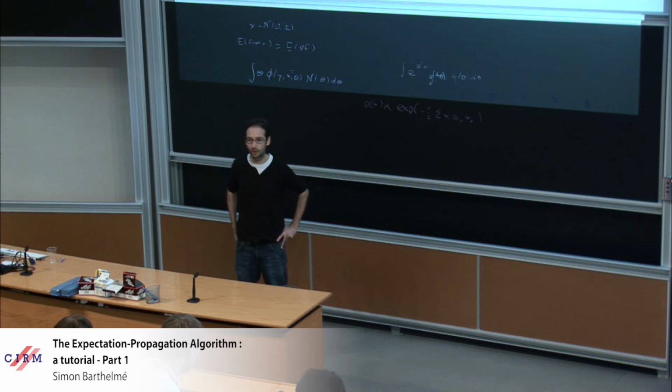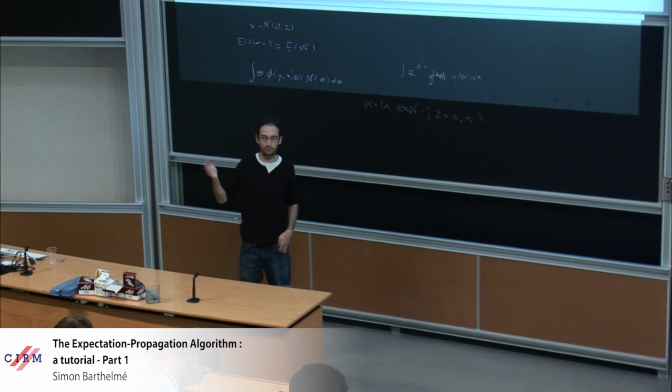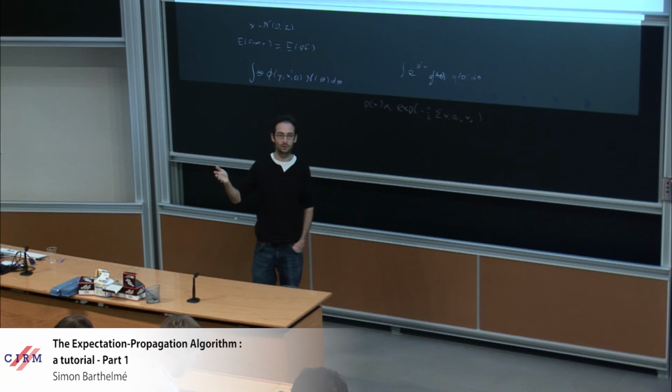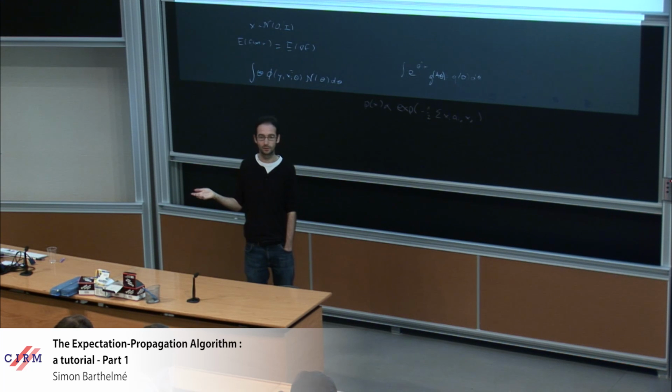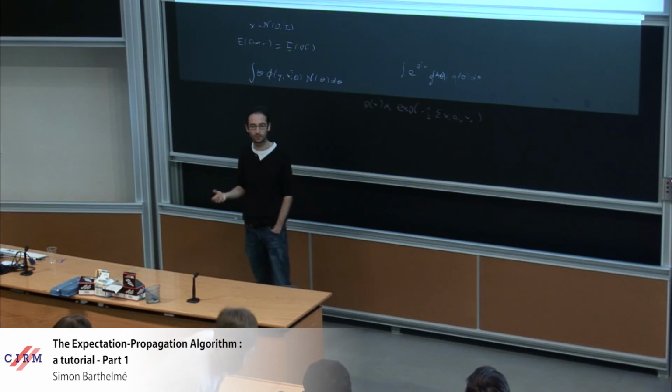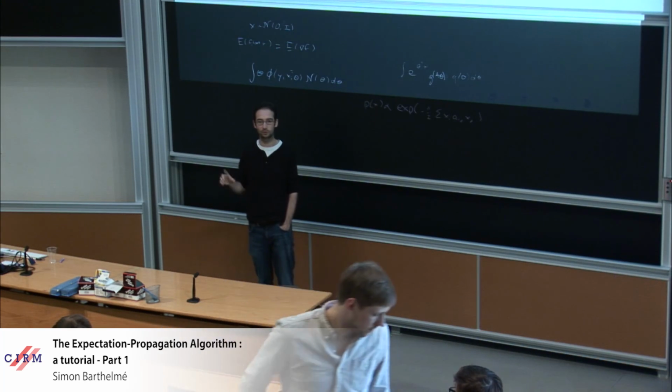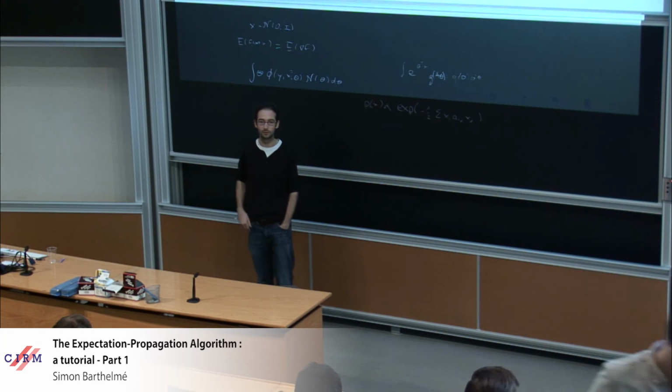You can find some kind of function that has fixed points that are the same as the fixed points of the EP algorithm. Whether it makes sense to minimize it is more questionable, because people have tried that, and you get to fixed points that are as good as the ones you get using the normal algorithm. So it's also what makes EP difficult to analyze, is that it's not standard optimization where you write down an objective and then you minimize it.